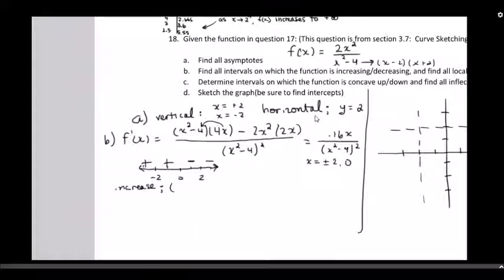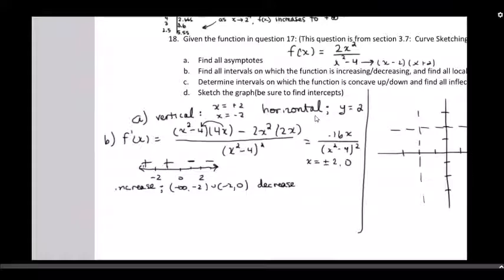If x equals negative 2, if you go back up to the original function here, the function isn't defined. So I'm not simply going to say that the function is increasing all the way from here to here. I'm going to separate this into two intervals, from negative infinity to negative 2, and from negative 2 to 0.